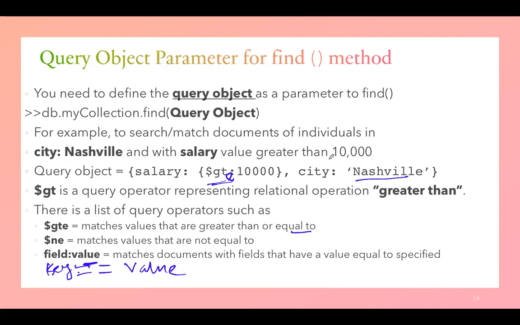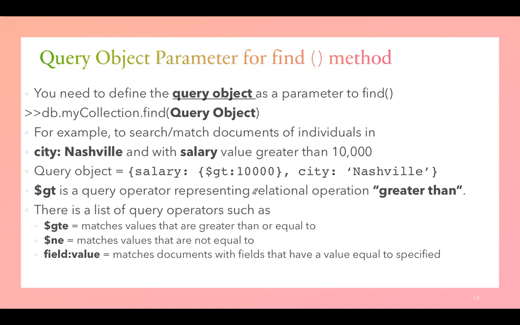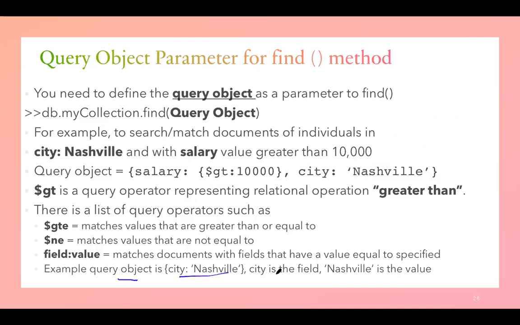It's the same thing. So the equivalent notation of this one in SQL would be city equal Nashville. Very simple. So the example query object will be city, and the city is the field, Nashville is the value.